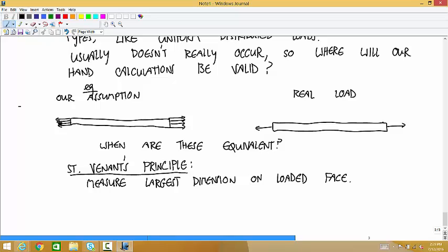So in this case, if this has a circular cross section, the largest dimension on the loaded face would be the diameter of that cross section. If this was a rectangular cross section, then the largest dimension would be the diagonal. Okay, so measure that largest dimension on the loaded face.